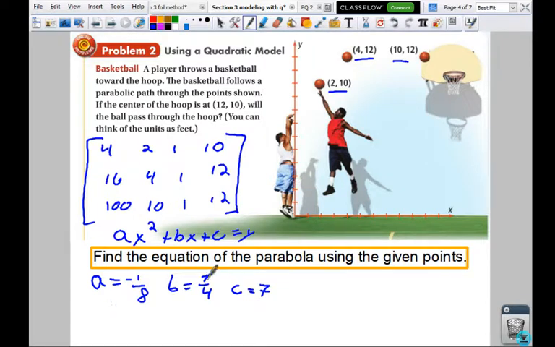That's 7 over 4. Okay. So I'm going to go negative 1/8 x squared plus, what's going to be next, Thomas? 7 over 4x. Yeah, and then plus what, Thomas? 7. Yep. And then it is going to equal y.